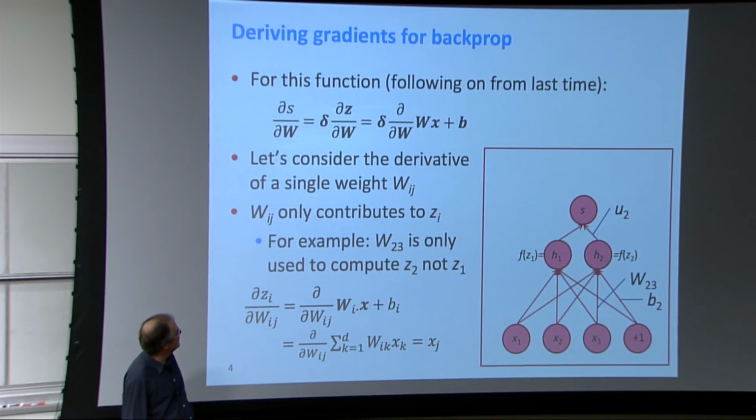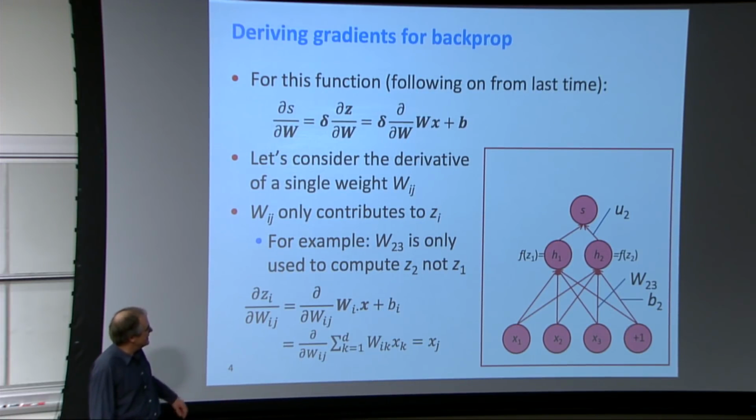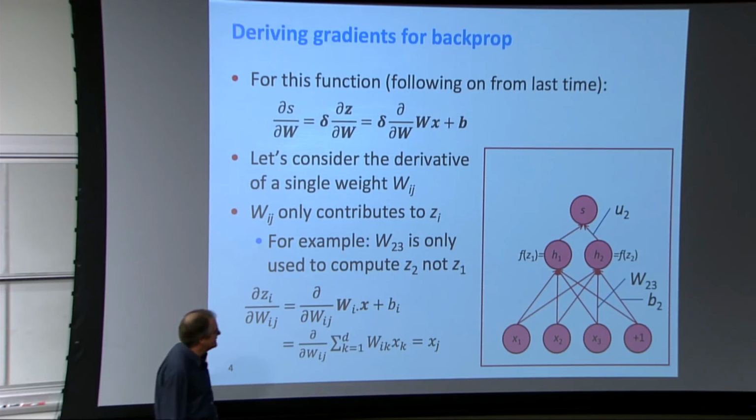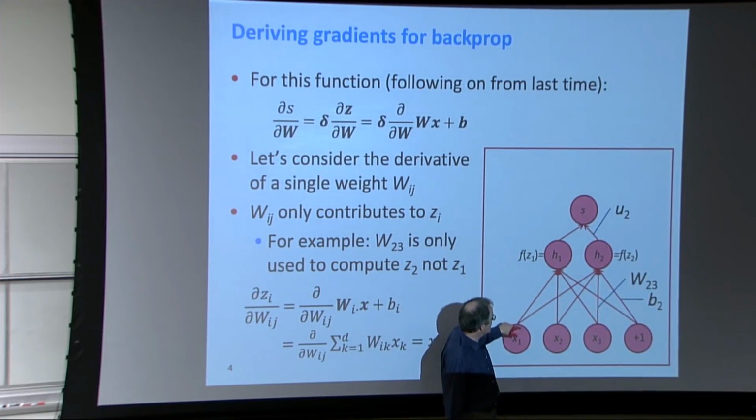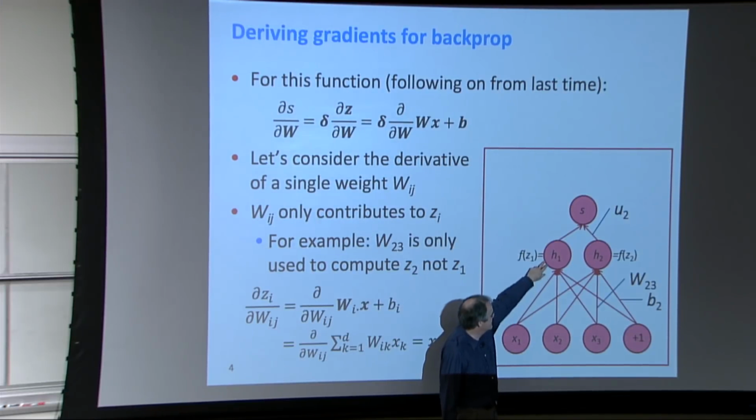So we want to work out the partial of z by W, which is the derivative of Wx plus b with respect to W. And if that's not obvious, one way to think about it is to go back to the elements of the matrix and first work it out element-wise, think out what it should be, and then once you've thought out what it should be, rewrite it back in matrix form to give the compact answer. So what we have is these inputs here and a bias term, and we're going to do the matrix multiply of this vector to produce these.